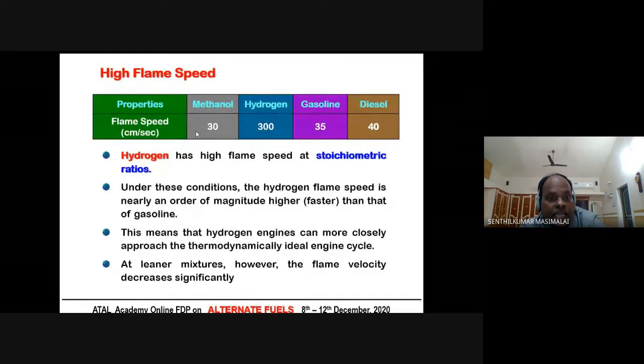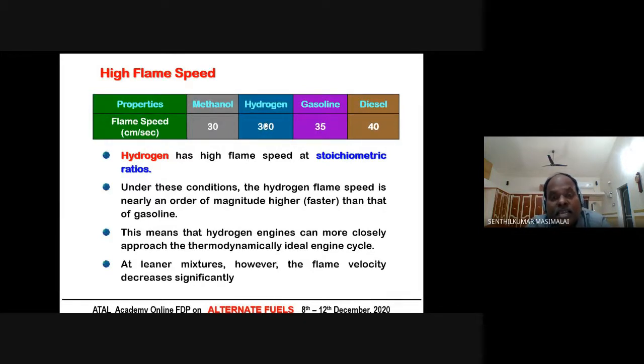The flame speed is approximately 8 to 10 times higher than that of other hydrocarbon fuels, about 300 centimeters per second, that is 3 meters per second. So within a second, the hydrogen flame will travel 3 meters. Very high flame speed.